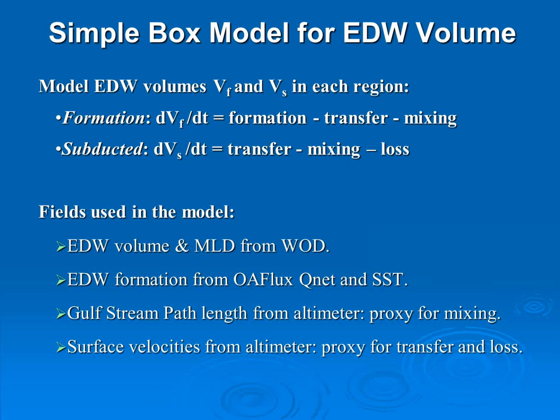In the formation region, the volume change basically comes from formation, and it's lost by transfer to the subducted region and also by mixing. And in the subducted region, the volume change is basically controlled by the transfer from the formation region and lost by mixing and other processes like advection.